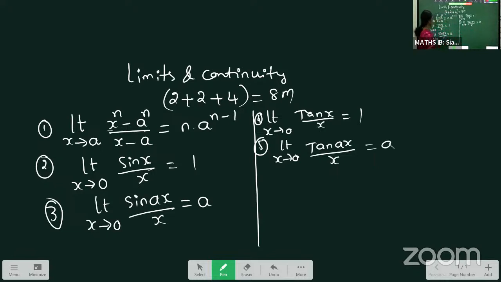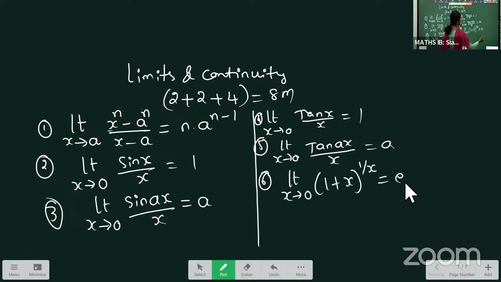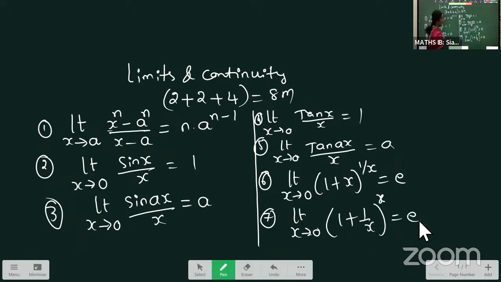So these are the main formulas which we use here. Apart from this, there are many formulas here, but generally these are the most important ones. Limit x tends to 0, 1 plus x whole to the power 1 by x is equals to e. Limit x tends to 0, 1 plus 1 by x to the power x, this is also e.